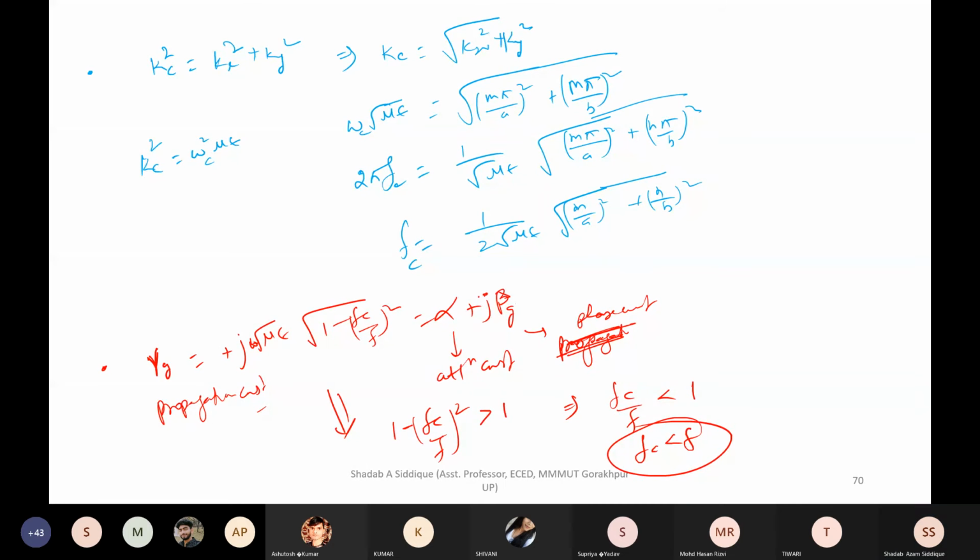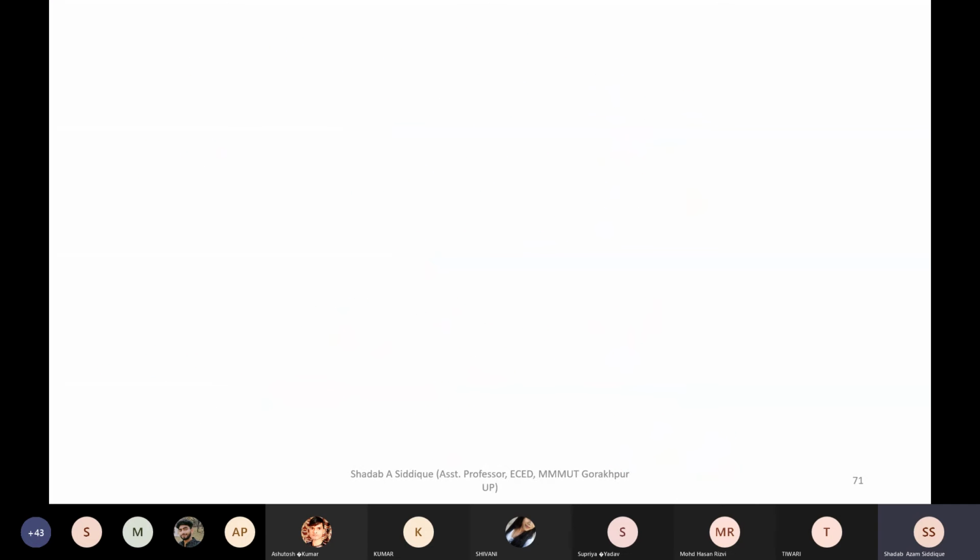Okay. Now we also had the Helmholtz equation.